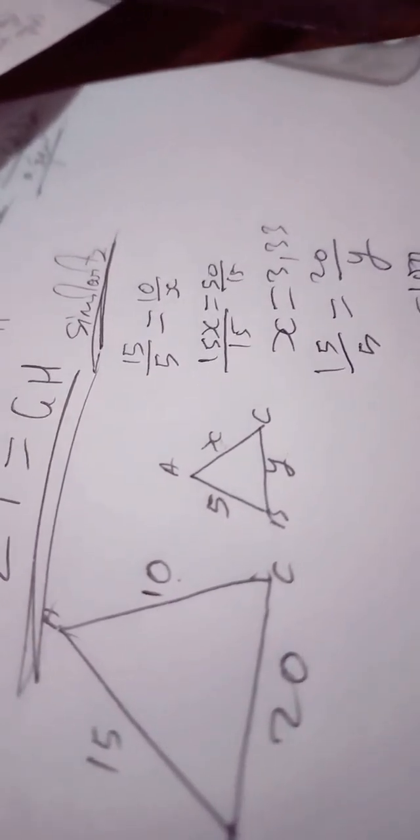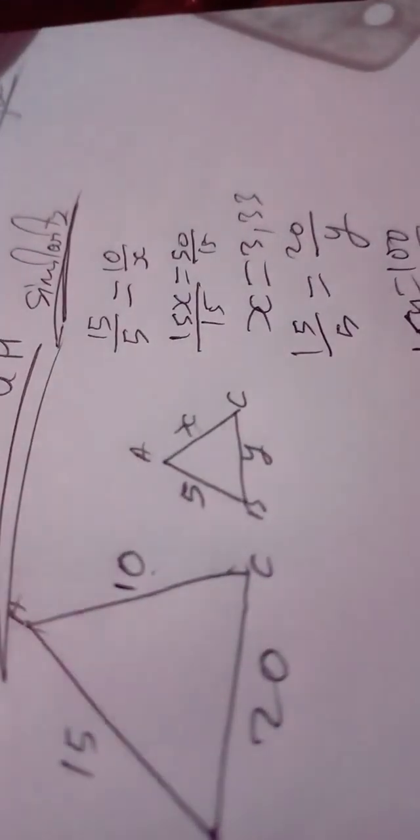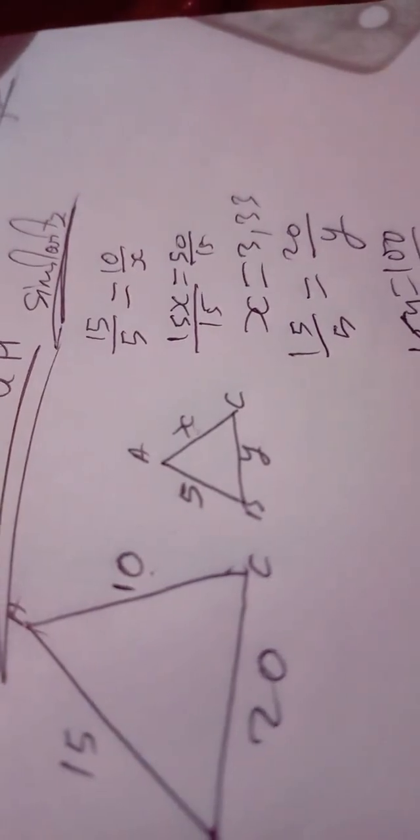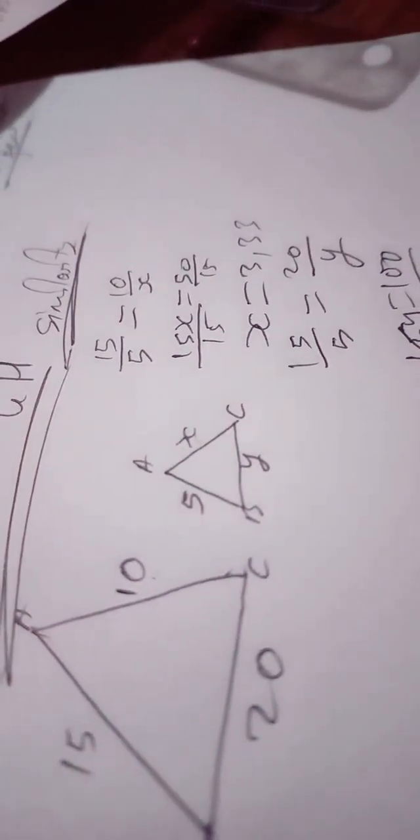Y is equal to 100 divided by 15, which is 6.67.